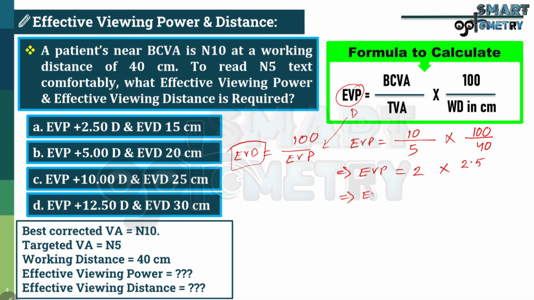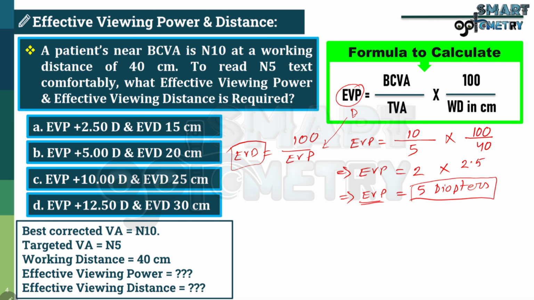Finally, effective viewing power equals, if we multiply 2.5 and 2, it will become 5 diopters. That means the effective viewing power is 5 diopters.